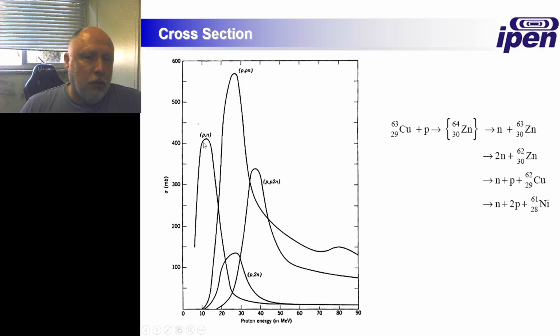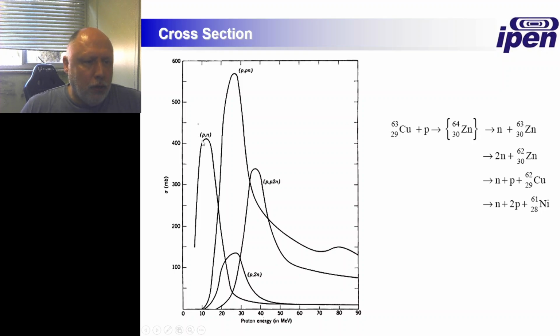And here another example, with a proton, not a neutron anymore, so things get a bit smoother. We have copper 63 and we're throwing protons on it, and there are all these kinds of reactions that can happen. At lower energies you have the pn reaction, forming zinc 63.